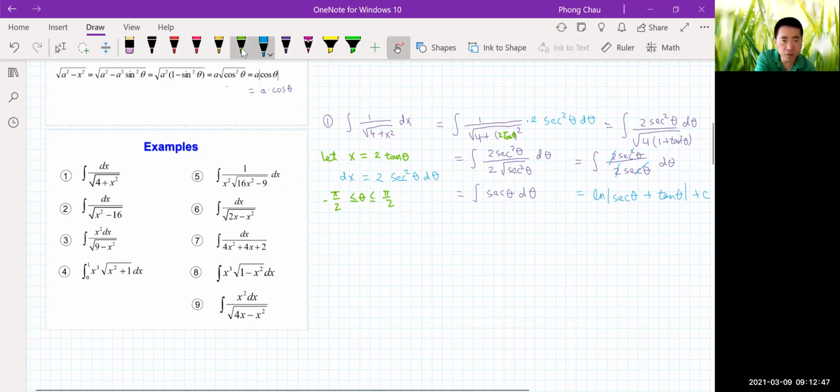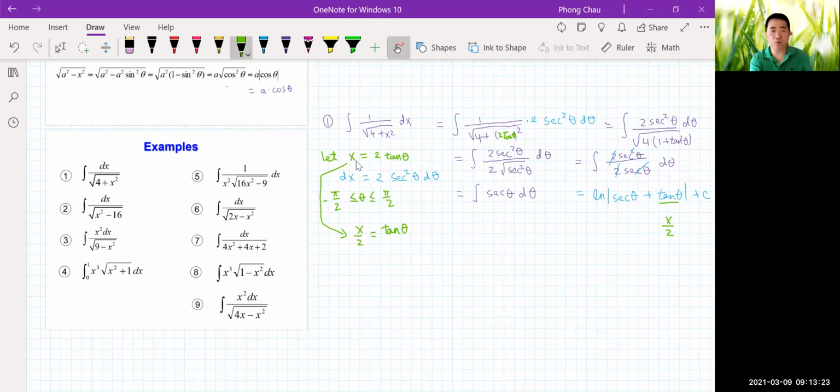Well, we can always look at the relationship between x and theta. You see how they're related? We divide by 2 on both sides, then we have x over 2 is tangent theta. So you see that the tangent theta is x over 2. Now, what's secant?